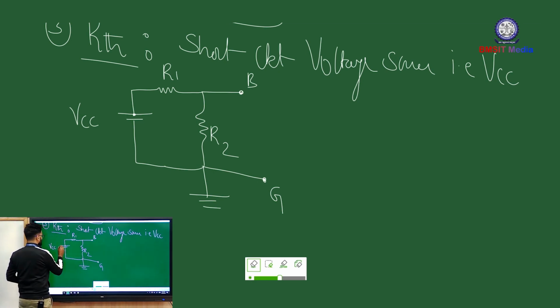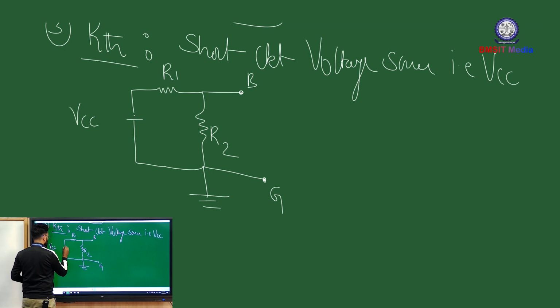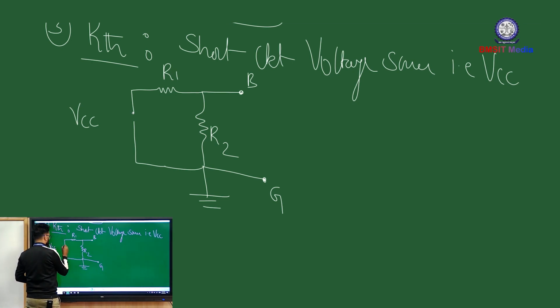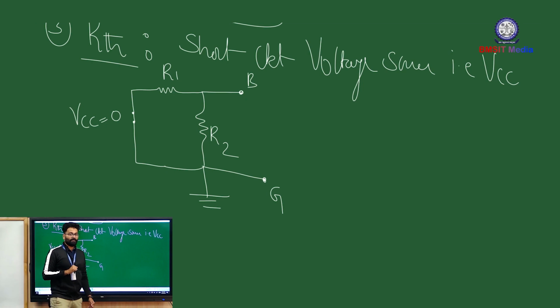What do you mean by short circuiting? Short circuiting means creating a low resistance path. So that means to say VCC you need to replace with a short wire. Okay, so that VCC becomes 0. So this is your short circuit condition.